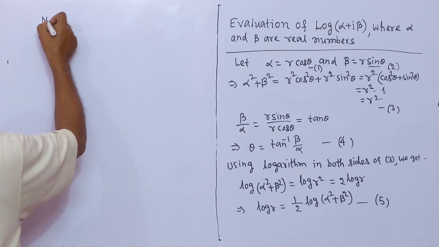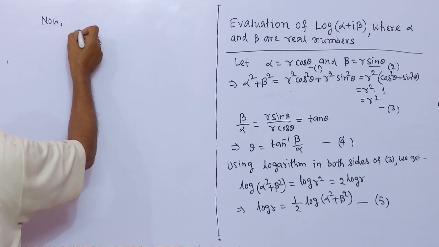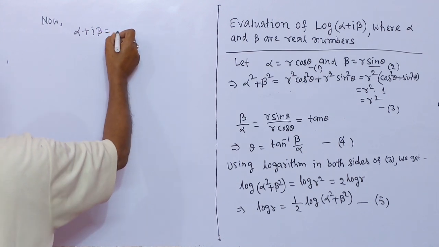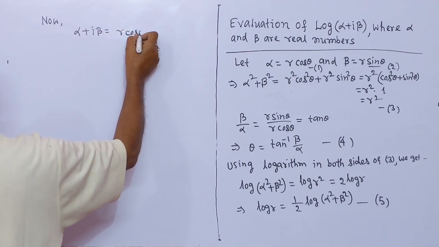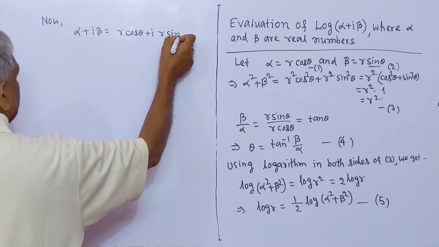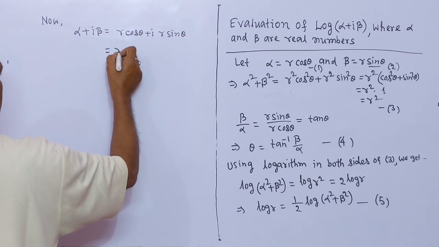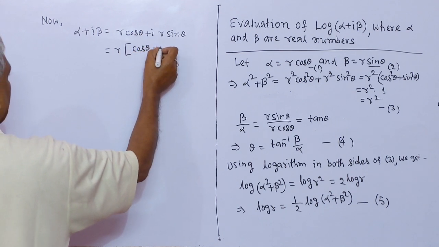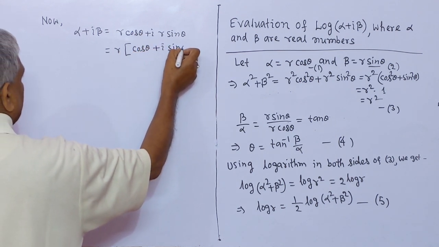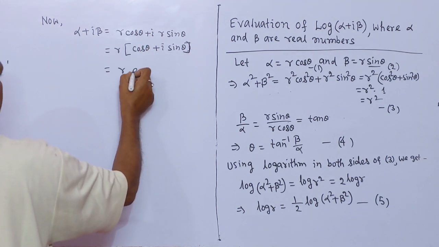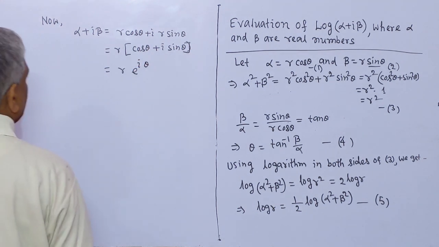Now alpha plus i beta equal to r cos theta plus i r sin theta. This is equal to r common cos theta plus i sin theta, which is equal to r e to the power i theta.